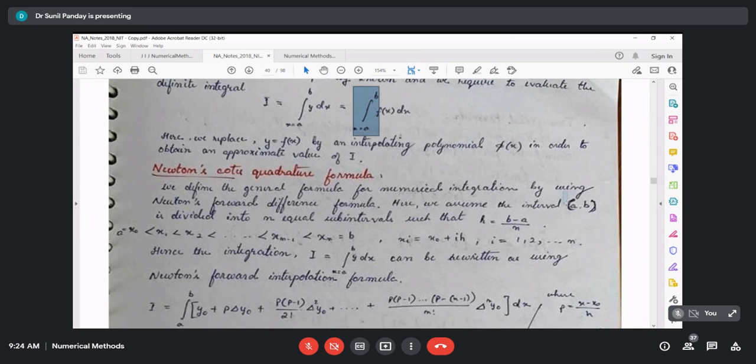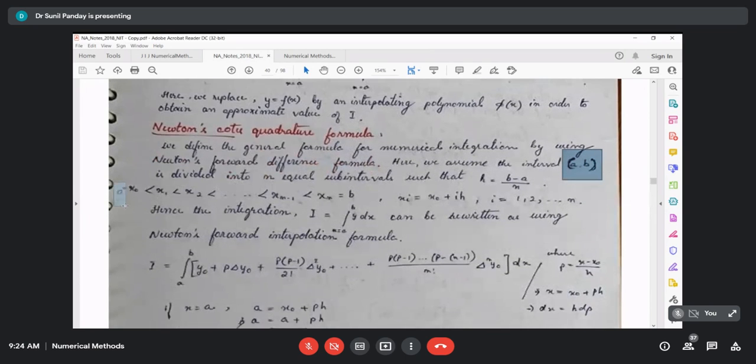This is the interval ab, which is given to us. We assume our first point is x naught and the last point is xn, and in between we choose the points x1, x2, up to xn minus 1. If we start from x naught and go till xn, we have n plus 1 data points, but the intervals are one interval, two intervals, up to n intervals.